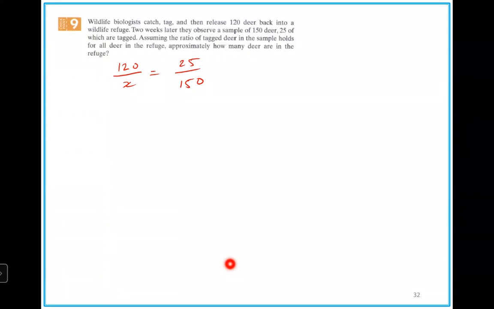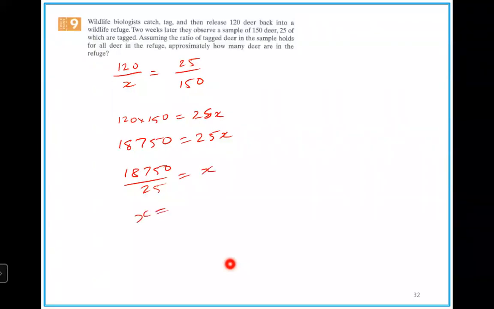So 120 multiplied by 150 equals 25X. So that's 18,750 equal to 25X. And then 18,750 over 25 equals X, and X is equal to 750.